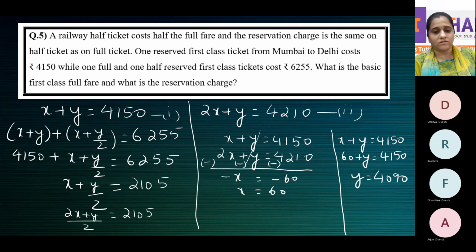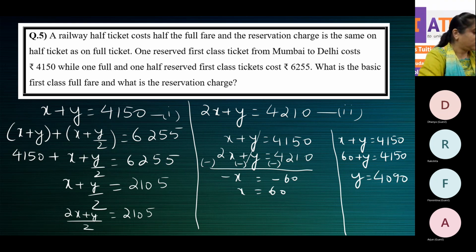X plus y is 4150, and then x plus y by 2 is equal to 2105. So minus, so you got y by 2 is equal to 4150 minus 2105. This one.